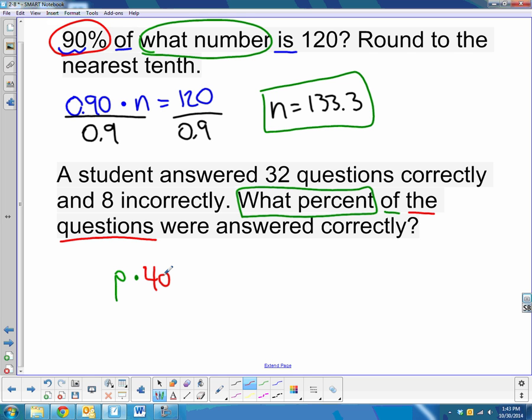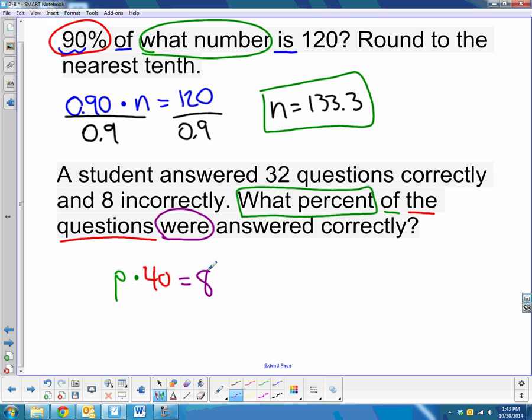There were 40 questions. Were, and again I mentioned earlier it's not is in this case because it's past tense. It would be wrong to say what percent of the questions is answered correctly. That would be like BFG speak, if you've ever read the book BFG. So were equals answered correctly. We know that one. They answered 8 correctly.